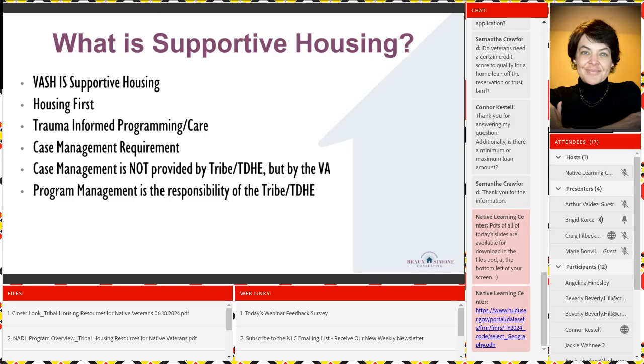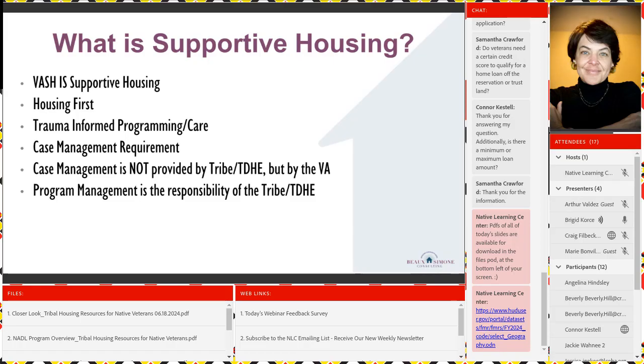So VASH is supportive housing, where the housing is provided by the tribe and the supportive services are provided by the VA in partnership. It's a Housing First model, so we don't want to have a ton of barriers in accessing housing.